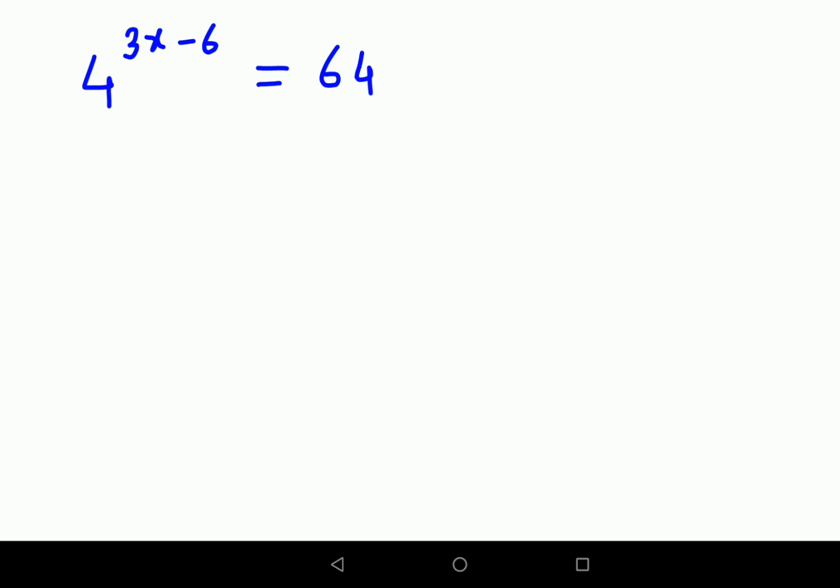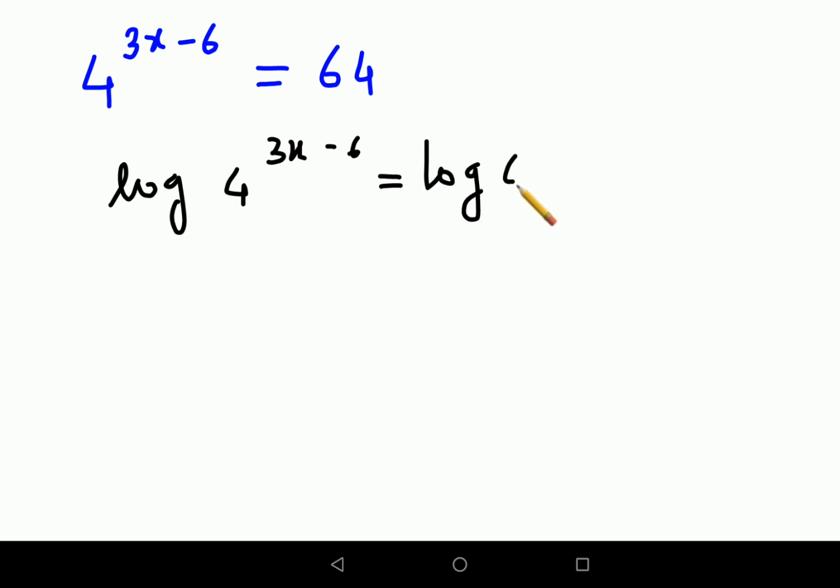If this was not something you could figure out, you can apply log on both sides. 4 to the power 3x minus 6 equals log of 64. Now 3x minus 6 will come ahead, and you will get it multiplied by log 4.